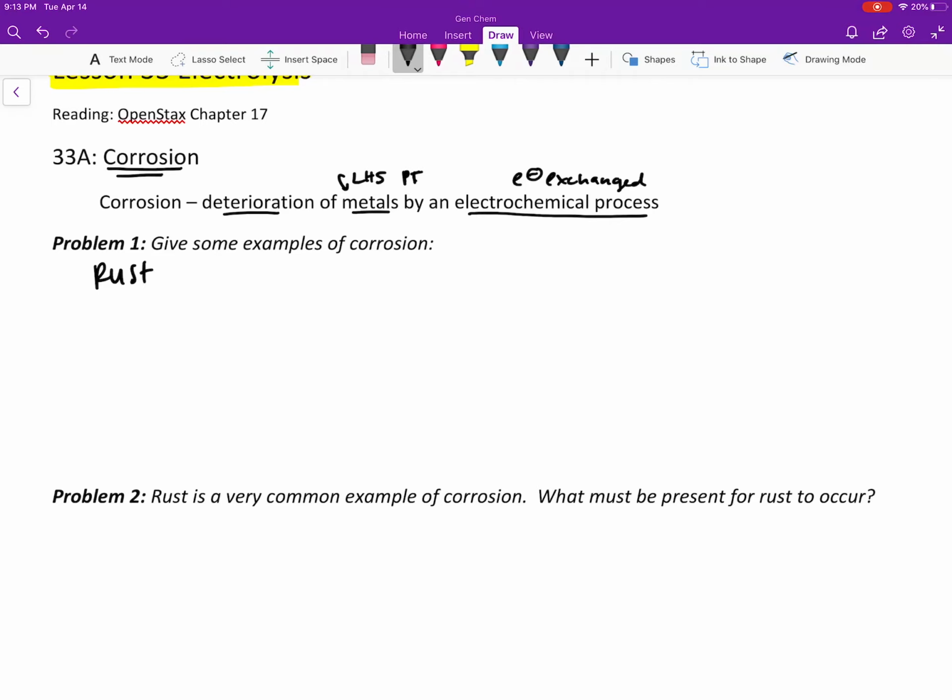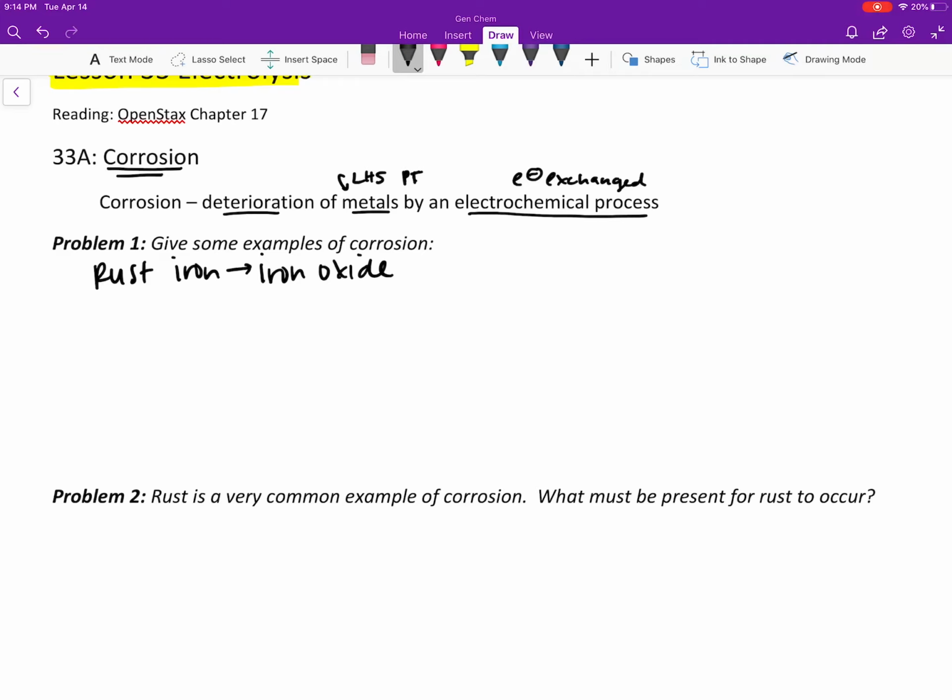The element that's rusting here is iron, and it goes to iron oxide. Iron oxide, oddly enough, is the same red that we have here in East Texas, the dirt. We have a lot of iron in our soil, and because of the oxygen, it's been corroded into iron oxide.